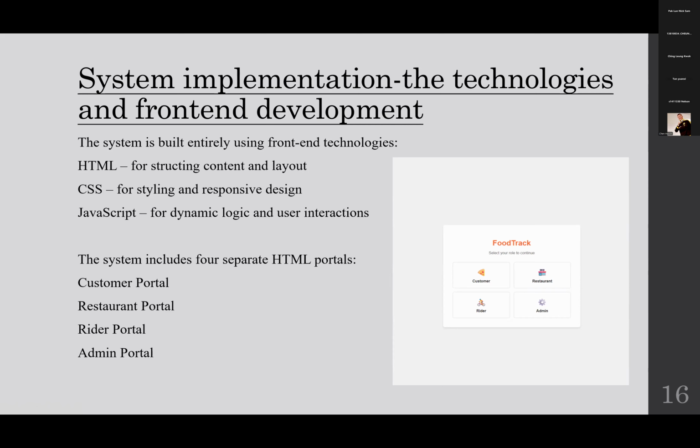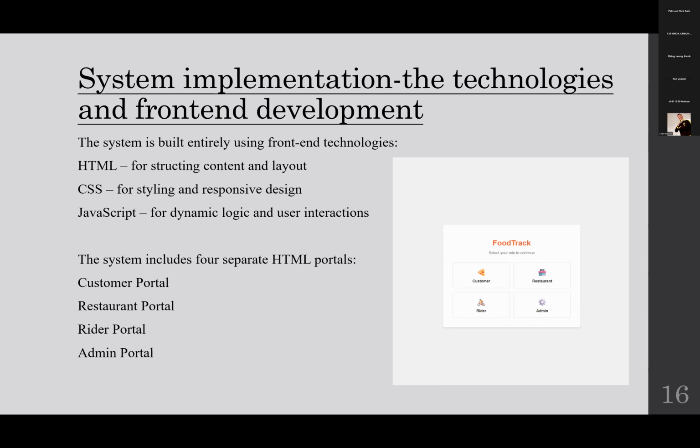We use HTML to structure the content and layout of each page, CSS for the styling and representativeness. Yes, it makes the interface look clean and user-friendly. JavaScript will also be used to handle all the logic and interactions.